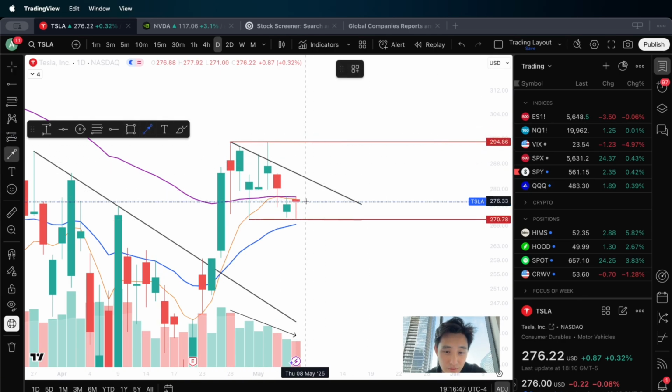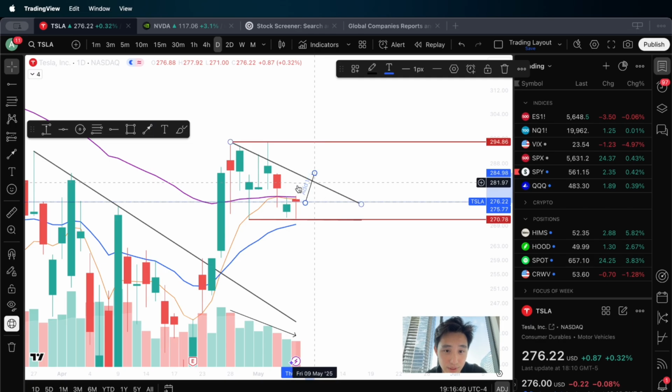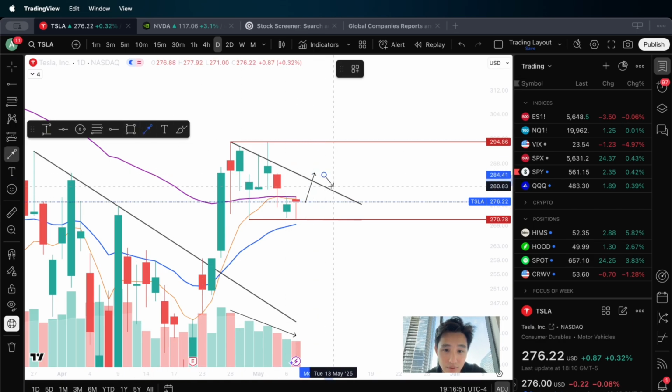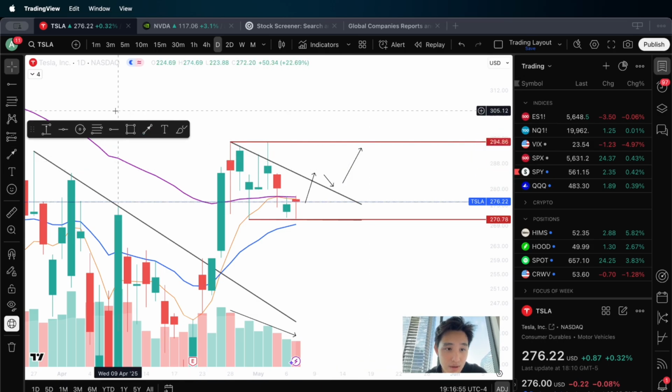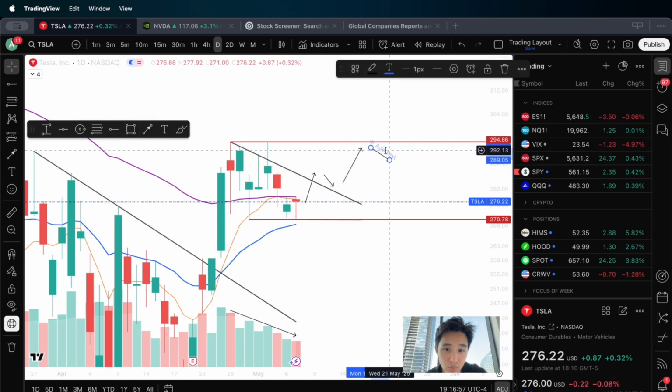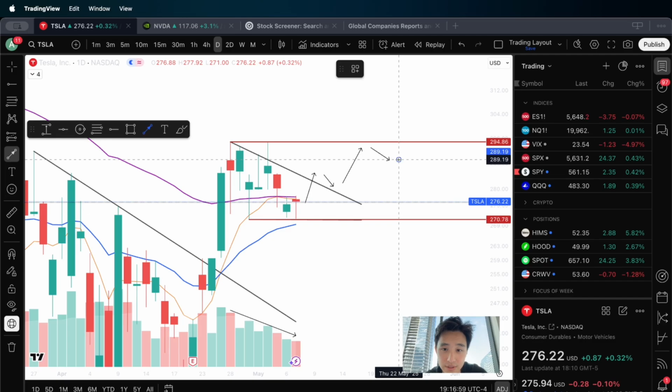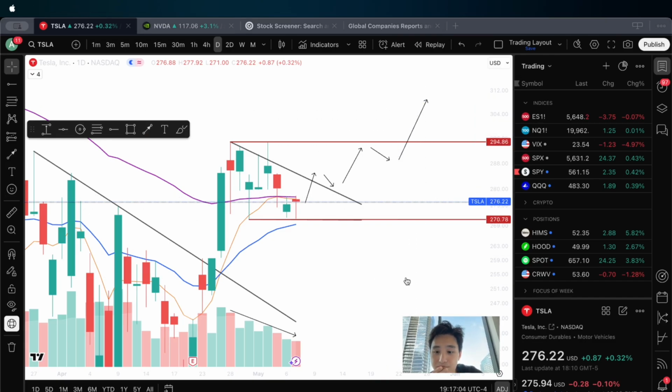So if you're bullish, you want to see it break this wedge here, eventually consolidate, and then hopefully test the highs of this 290 area. And then what you really want to see is eventually it consolidates a little bit and then finally breaks out. This is what I want to see if you're bullish.